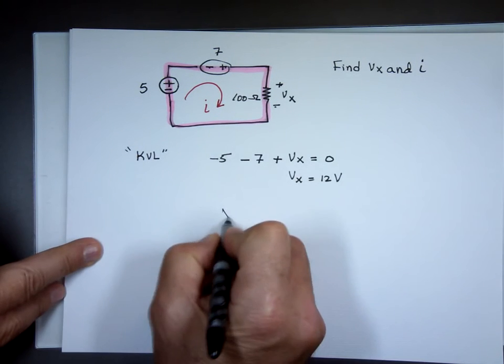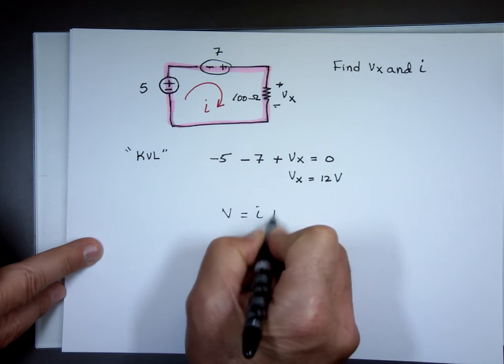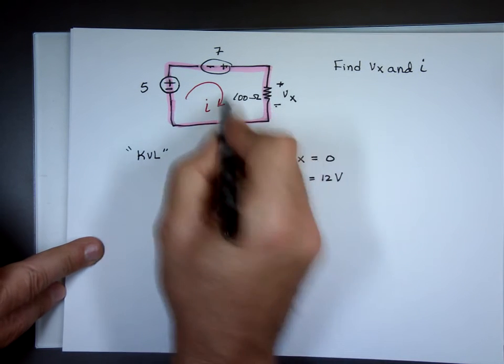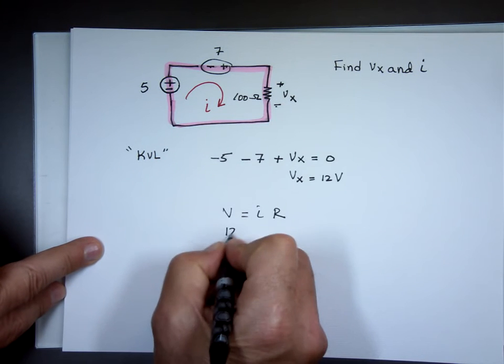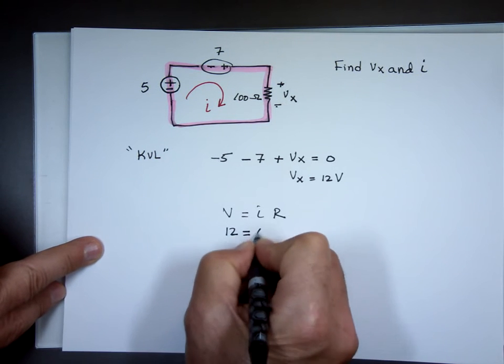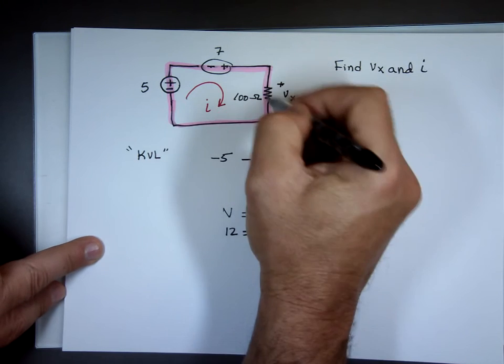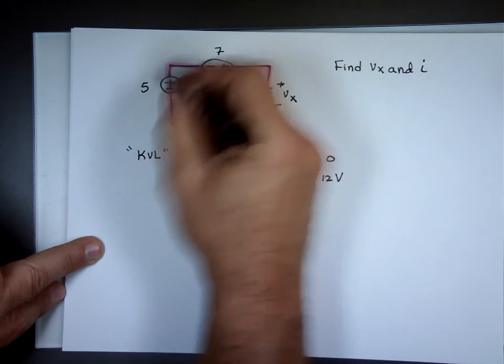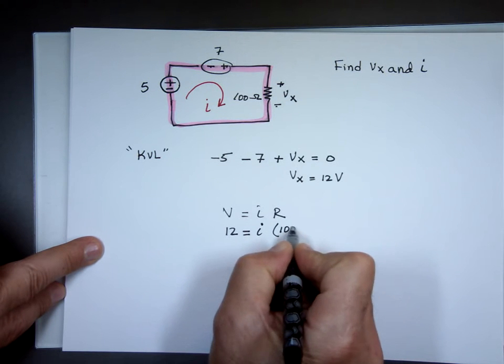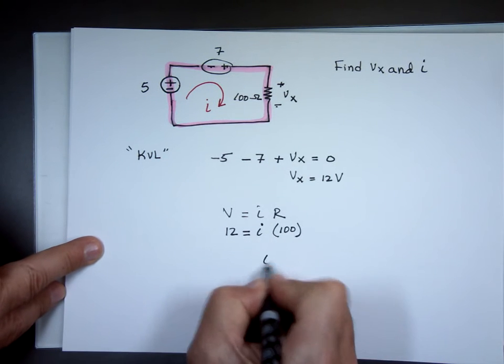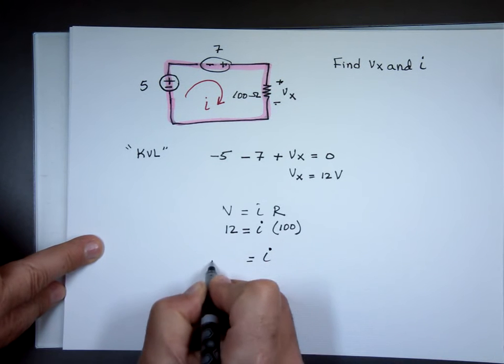V equals I times R. He's looking right there, going, I know the voltage here. The voltage is what? 12. I'm looking for the current. The current through there, which happens to be the same current through the whole loop. It's only one loop. Do we know what R is? 100. What is I equal to? 0.12 amp.